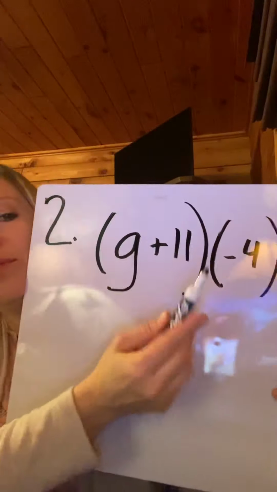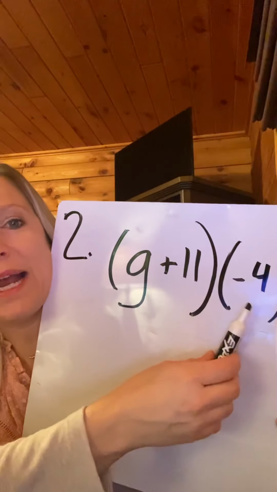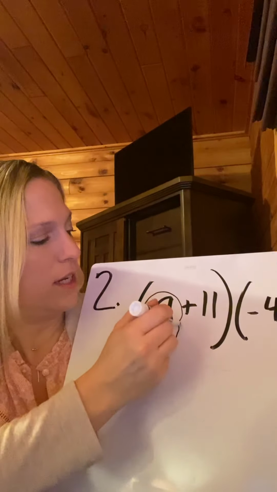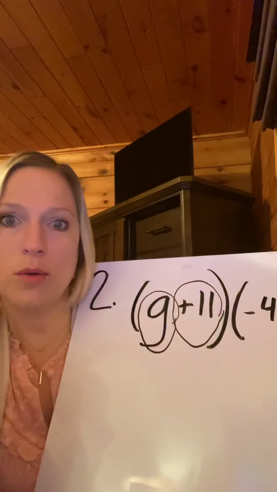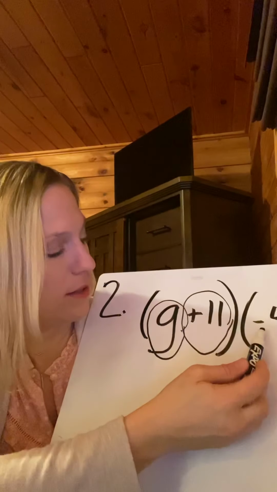Okay, number 2 is a little different because it has the parentheses in a different spot. I don't see that as often, but I like it because it just reinforces our process, right? So here you go. What we're doing now is we're multiplying the 2 terms inside of this set of parentheses by negative 4. So what are the terms inside the parentheses? We have positive 1G and positive 11. So we need to multiply both of those by negative 4. It doesn't really matter which one you do first. I'm going to go with negative 4 times G first.